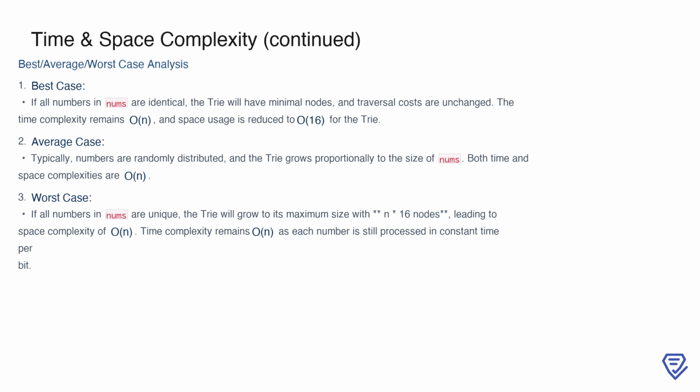In the average case, where numbers are randomly distributed, the tree grows in proportion to the size of the input, resulting in both time and space complexities of n. Even in the worst case, where all numbers are unique, the tree grows to its maximum size of n*16 nodes. Despite the additional space required, the time complexity remains n, as we still process each number in constant time per bit.